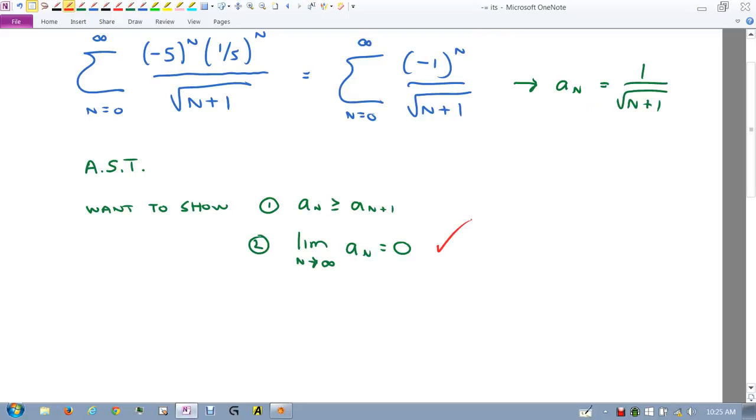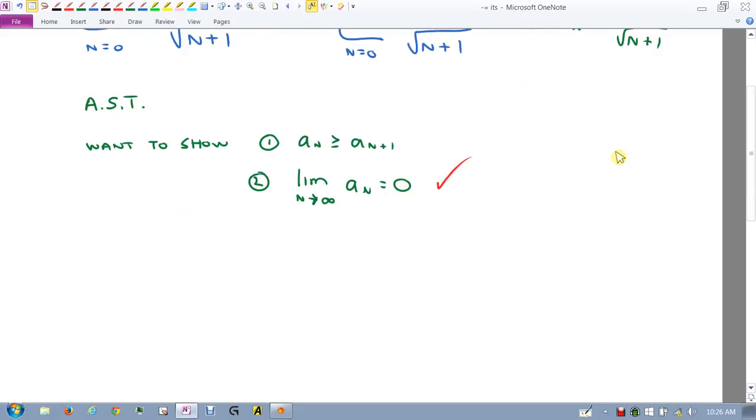How about the decreasing part of it? Is this decreasing? Yes? How would you show it? There's kind of two ways you could do it. You could do, is 1 over root n plus 1 bigger than or equal to 1 over root n plus 1 plus 1?